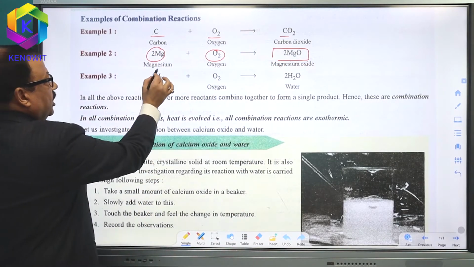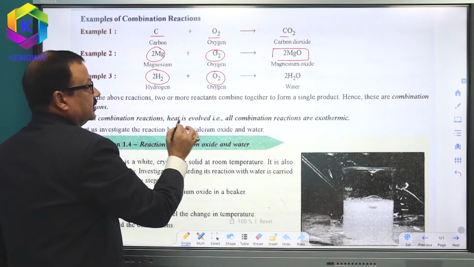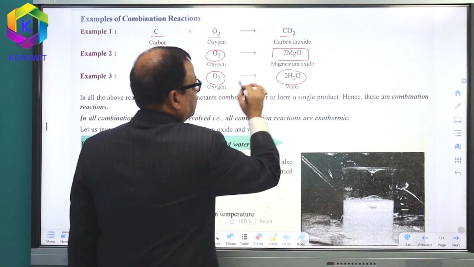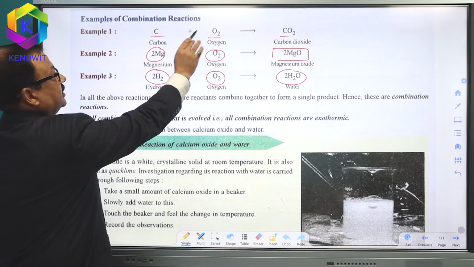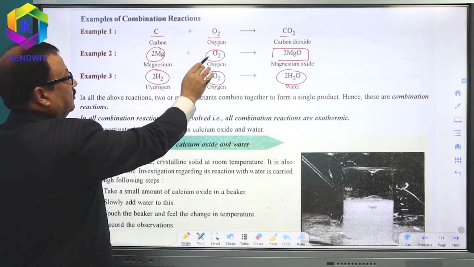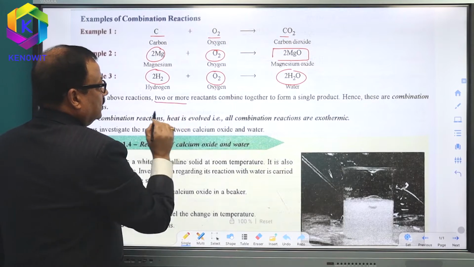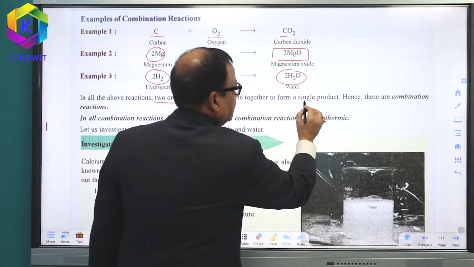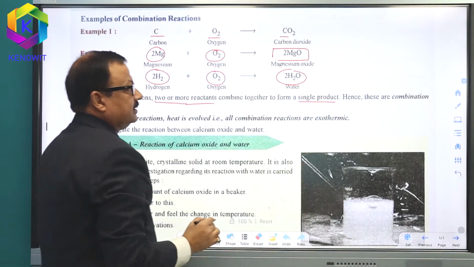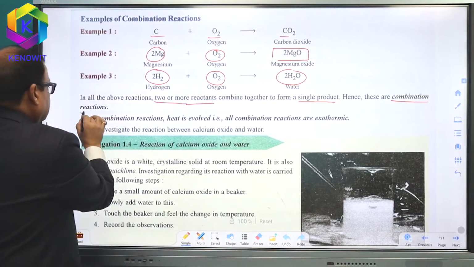Similarly, 2 molecules of hydrogen and 1 molecule of oxygen give 2 molecules of water. So in all the above reactions, 2 or more reactants combine together and give a single product. Hence this reaction is known as combination reaction.